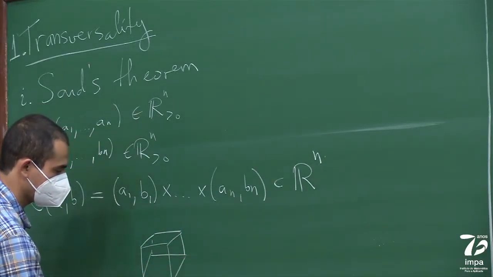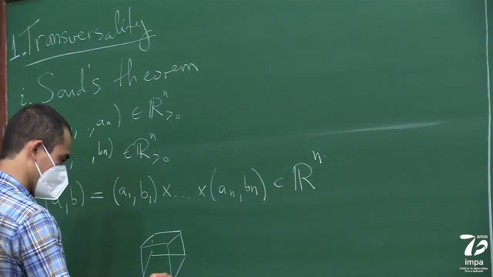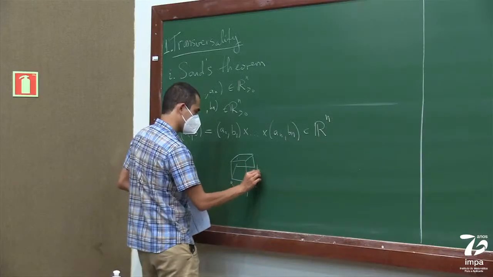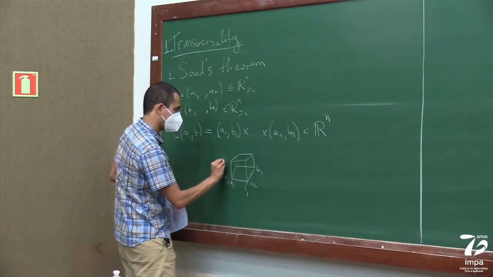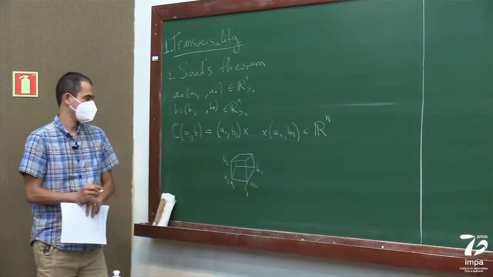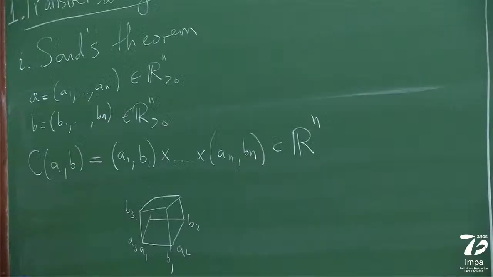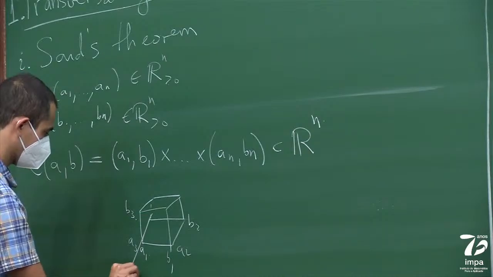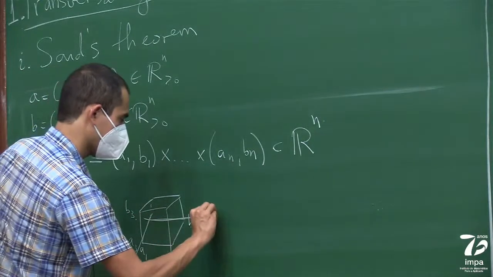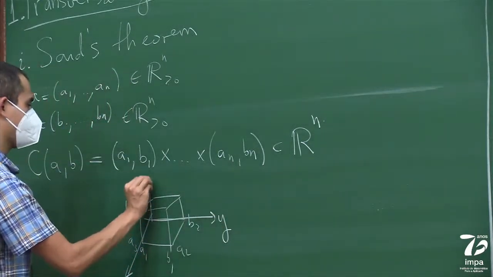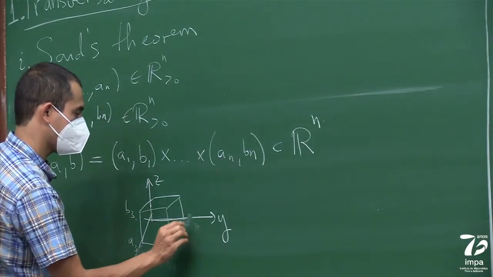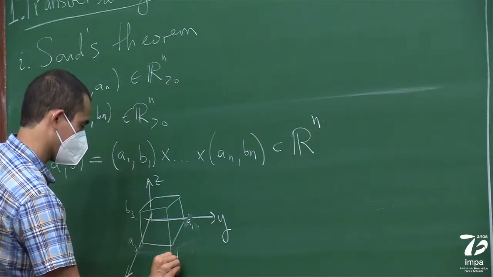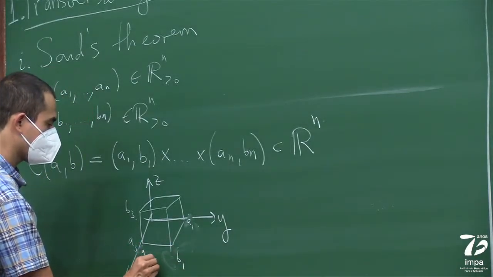So A1, B1, A2, B2, A3, B3, or something like that. Well, to be consistent with the usual, this is usually X, Y, and Z, so let's just be consistent. This will be A1, B1, A2, B2.